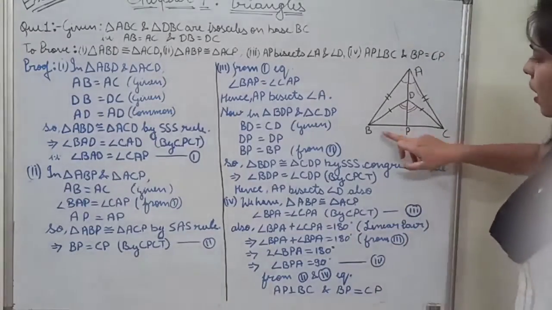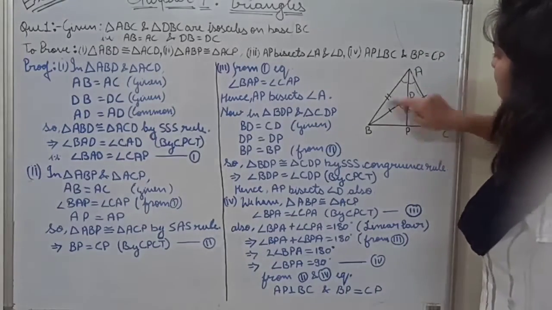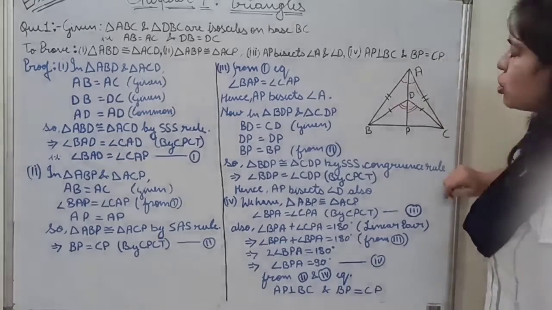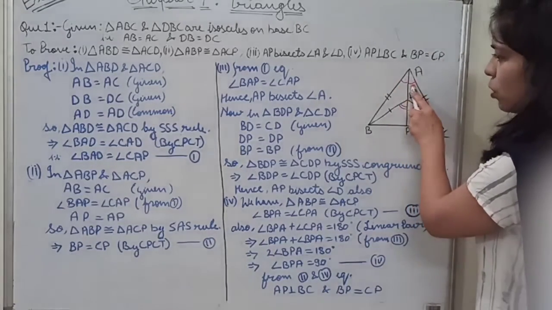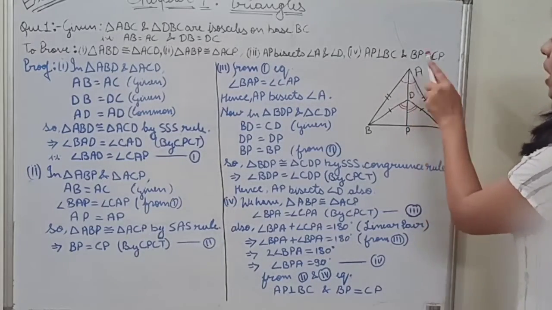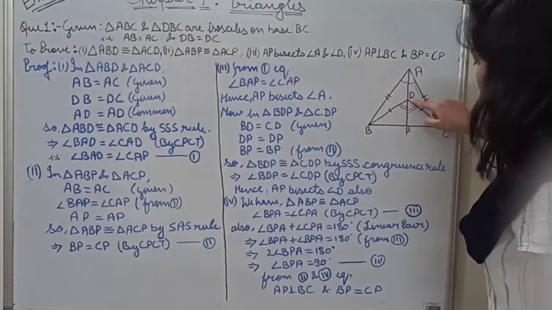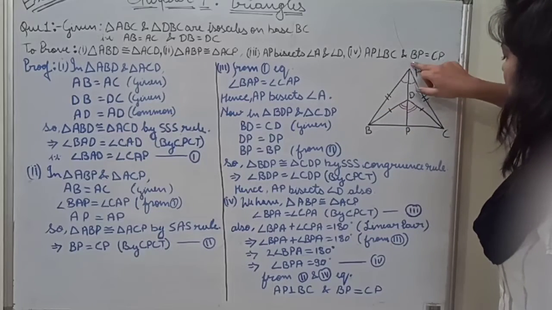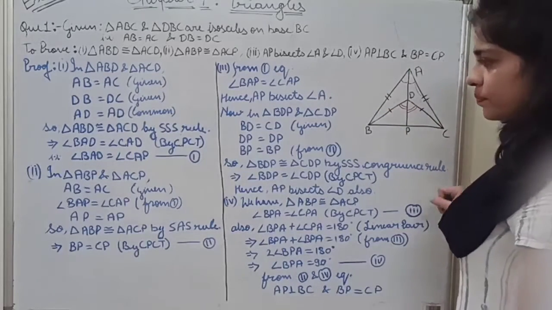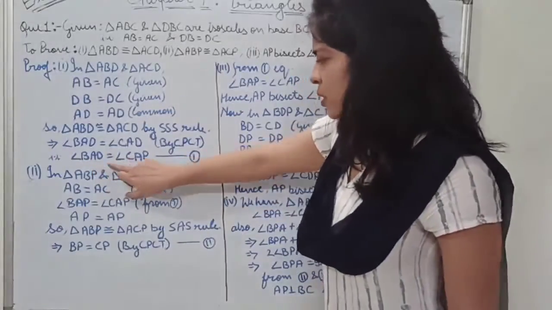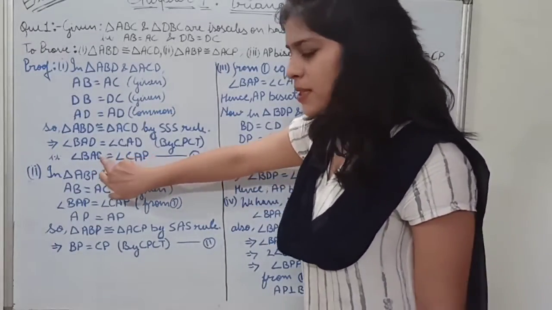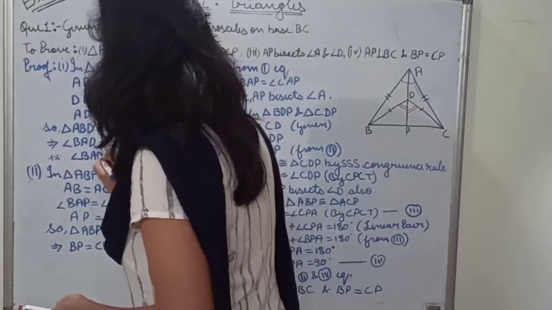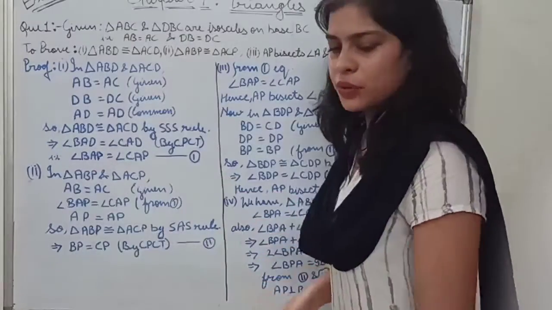Angle BAD is corresponding to angle CAD. So angle BAD is equals to angle CAD. And if we extend this D to P, then it will become angle BAP equal to angle CAP. Understood? Okay. So, sorry, it is angle BAP equals to CAP. This is the first equation.